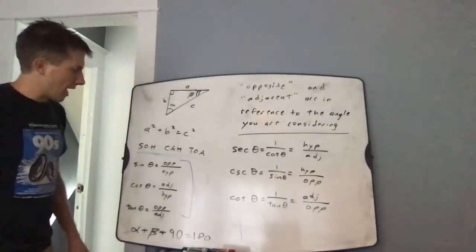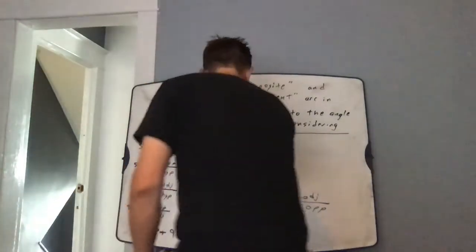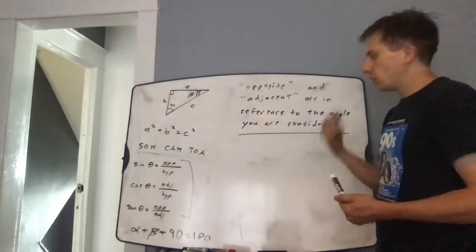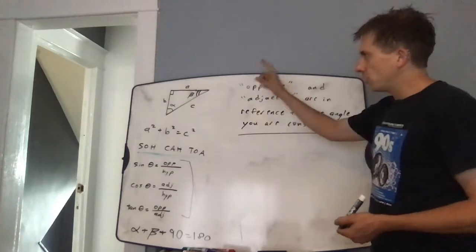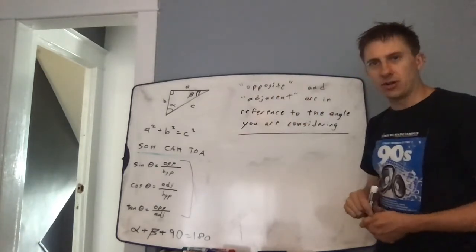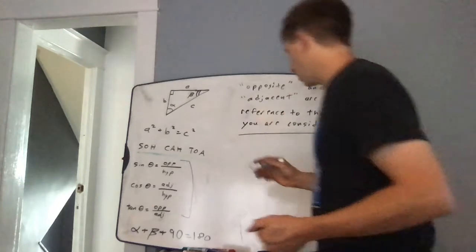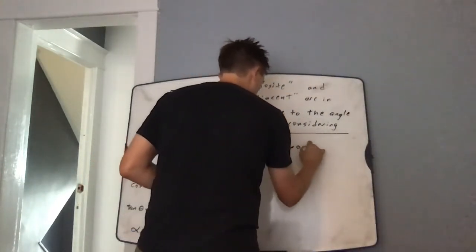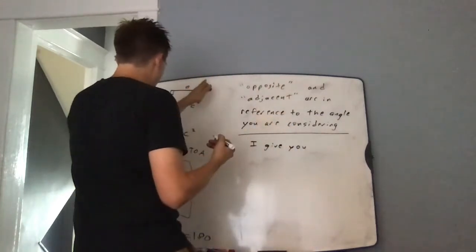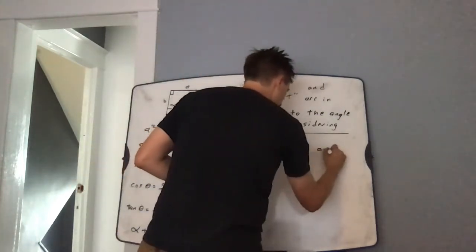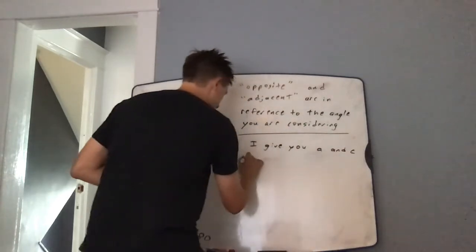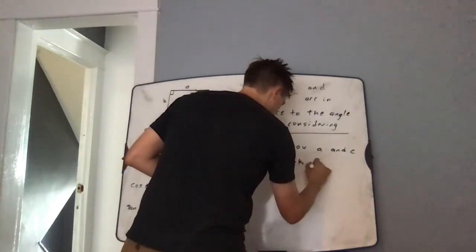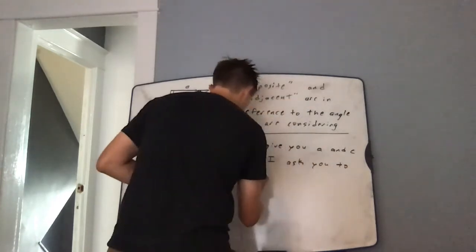The very last thing I want to say, the idea of inverse functions. We will work with this. Now, what if I give you the lengths of two sides of a triangle and I ask you to find an angle? So what if I give you, say, A and C, and I ask you to find beta.